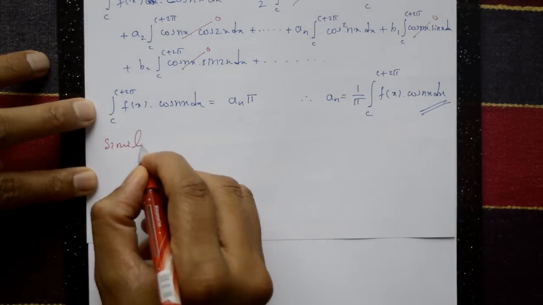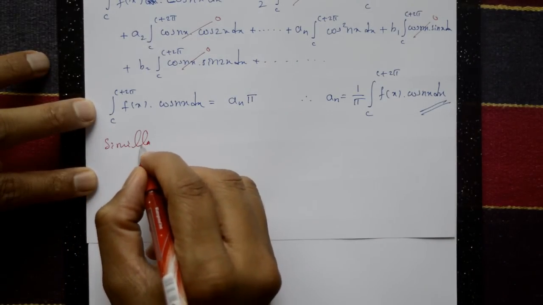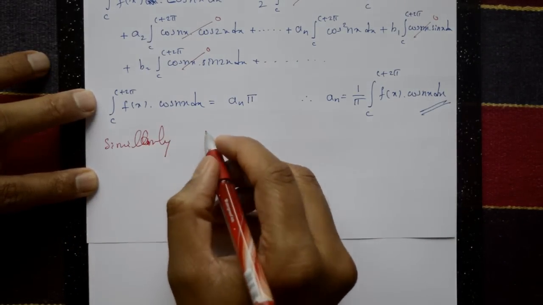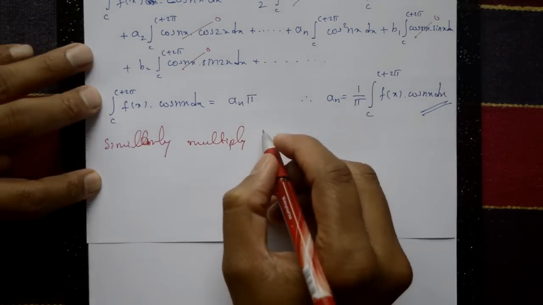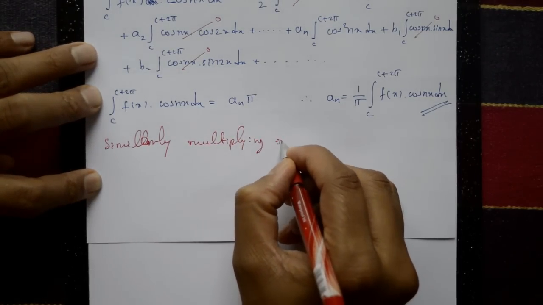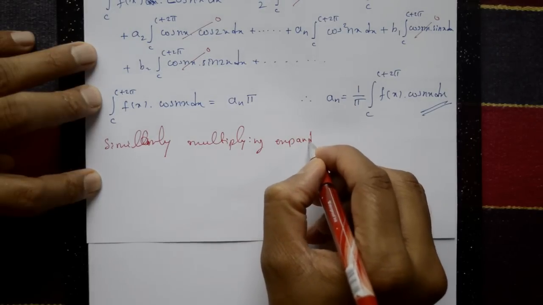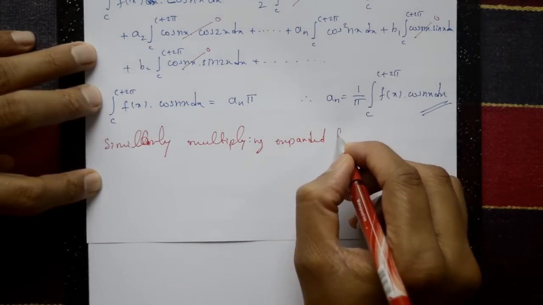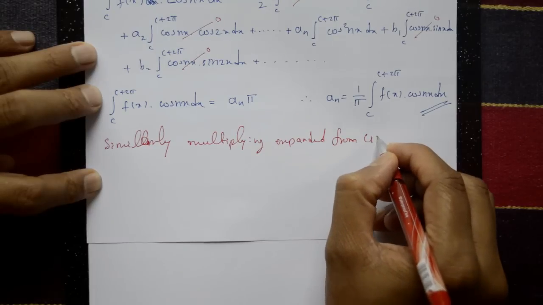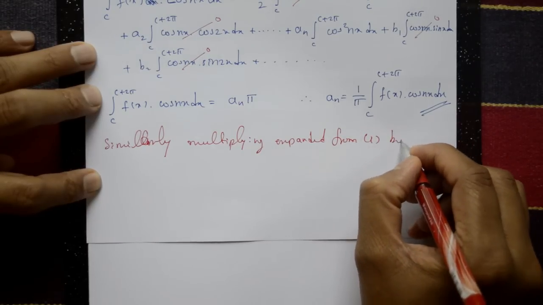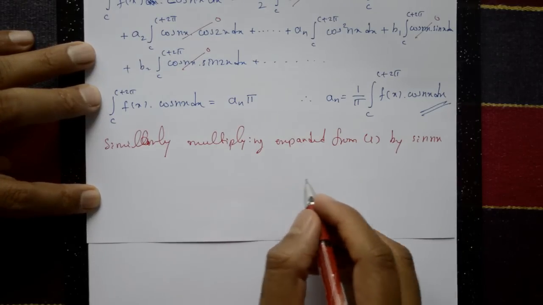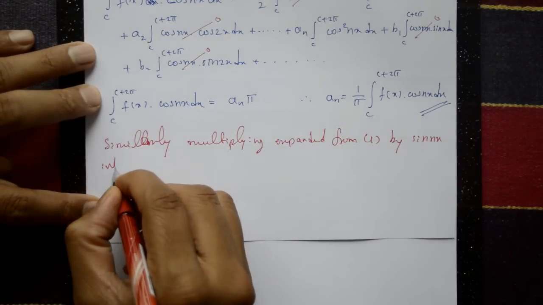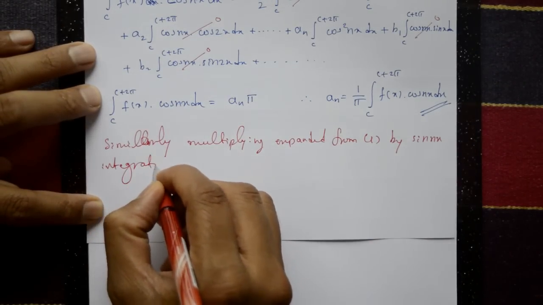Similarly, multiplying the expanded form from equation number 1 again, but by sin nx, you multiply the whole equation and integrate with respect to x.